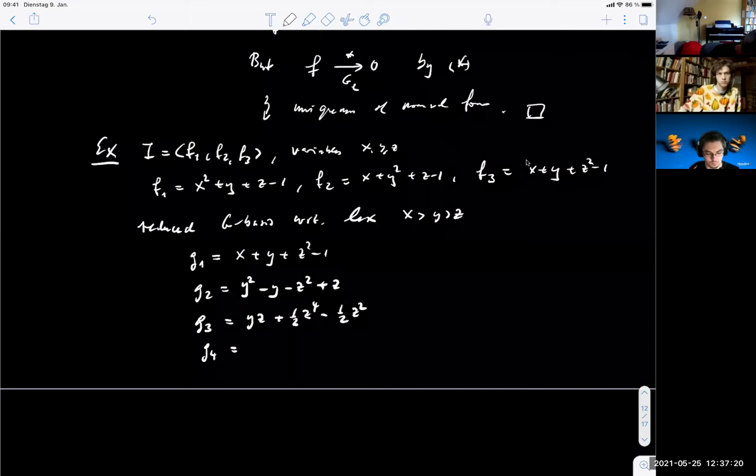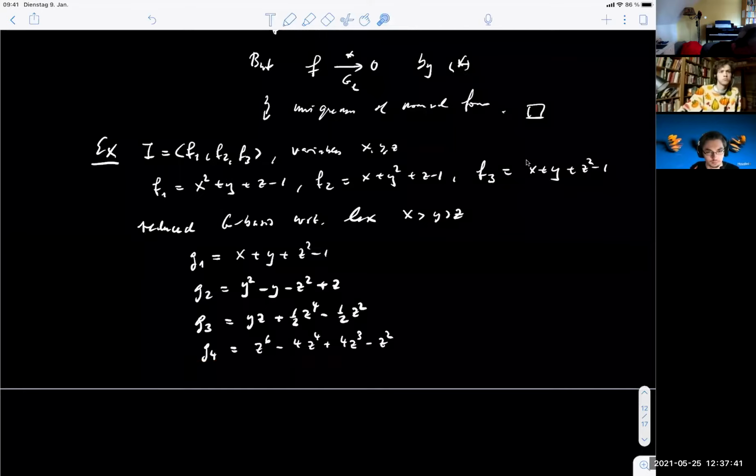G4 is z to the 6 minus 4z to the 4 plus and so on. The polynomials in the Gröbner basis are already ordered in a good way. So we see the last one, G4, only depends on z.